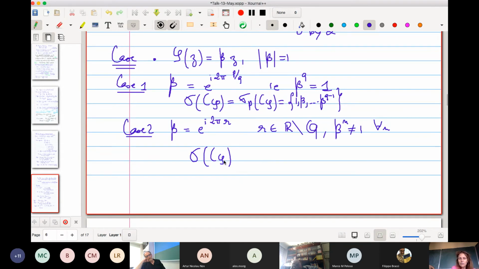The only thing we can say is that it contains, obviously, all the beta to the n. So it's quite big because this is a dense set in the unit circle.